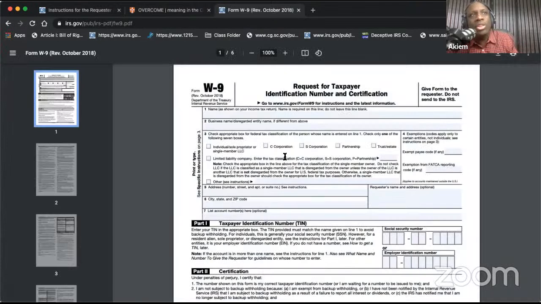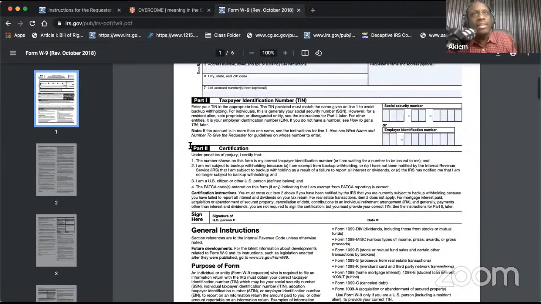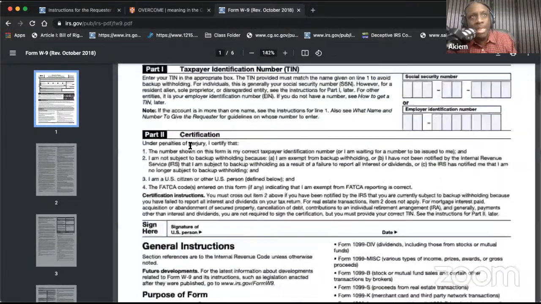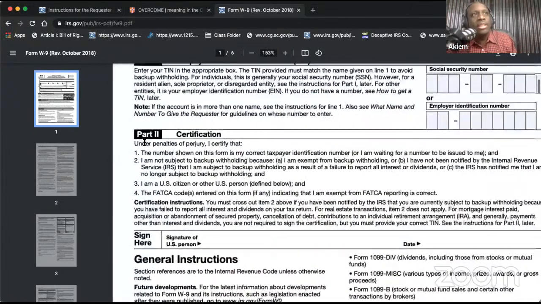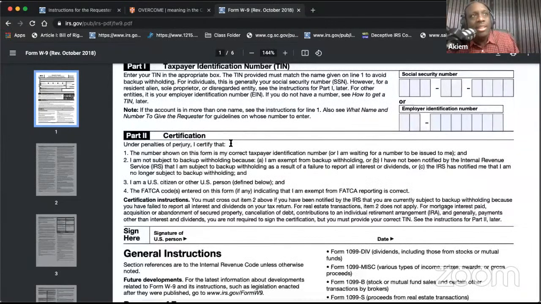I mean, right here in the certification part 2, right here. Let's make this big so you can see that nice and big. Certification says, under penalties of perjury, I certify that the number shown on this form is my correct taxpayer identification number. What does taxpayer mean? That you're a taxpayer, right? Or I am waiting for a number to be issued to me.